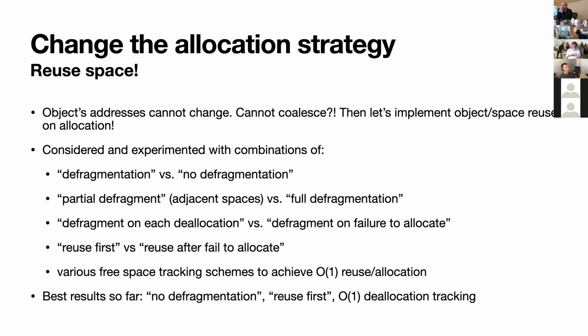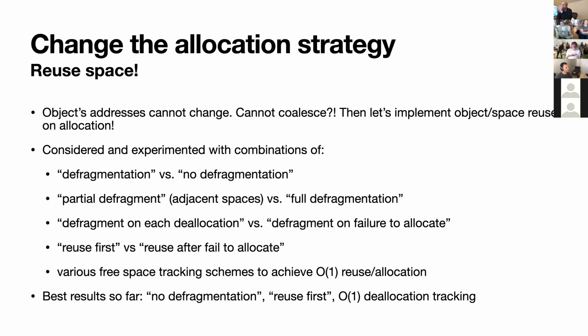So I played with different combinations of approaches and parameters, like whether to defragment. I'm currently with defragment, but I experimented with and without defragmentation, partial defragmentation, full defragmentation, and different times of when we defragment.